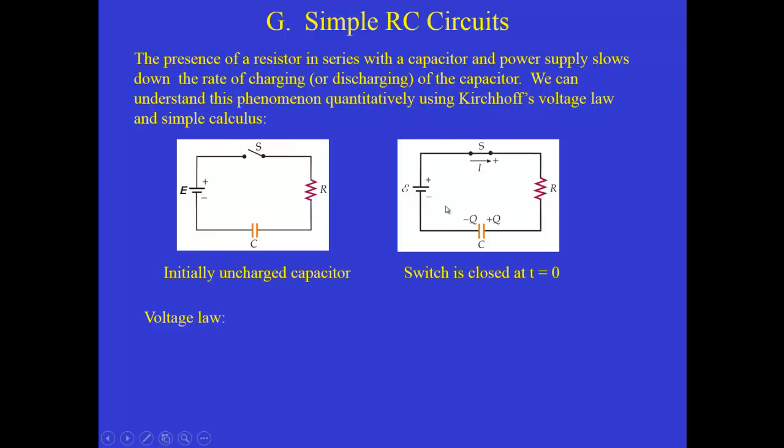In order to do this, I'll go around this circuit in the clockwise direction. You can see that current will flow through the resistor going down, so the high potential end is the top, the low potential end is the bottom.